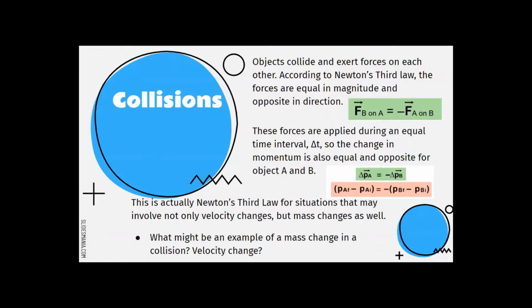Well, you could have a couple different things. Think about the idea of when, say, a football player is tackled. Once they collide, they kind of move together afterwards. So we're talking about like two objects becoming one. So you have kind of like a shared mass. So the mass changes afterwards.